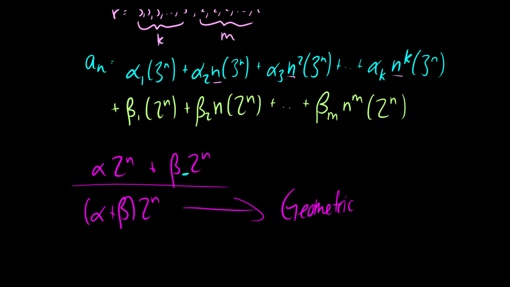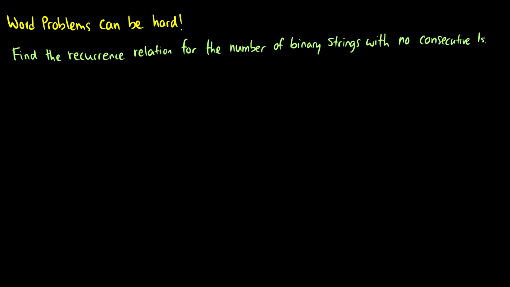Alright, so those were the two examples I'm going to do, and the last one is word problems. I'm not going to solve this, but I'm going to show you how to take a word problem and turn it into a recurrence relation. So let's find the recurrence relation for the number of binary strings with no consecutive ones. Okay, so let's be a little bit tricky here.